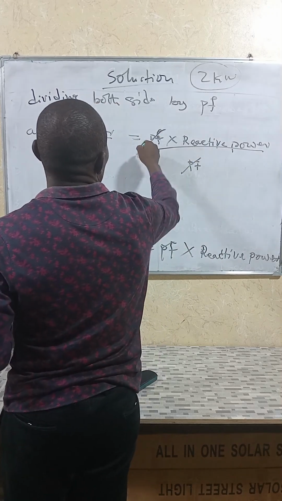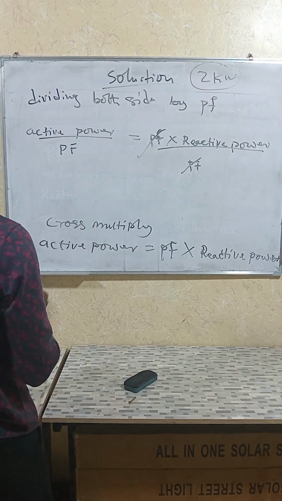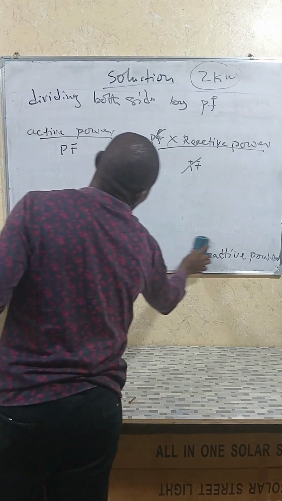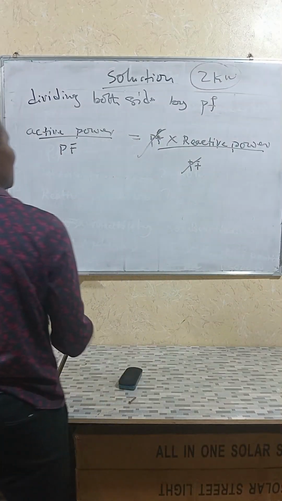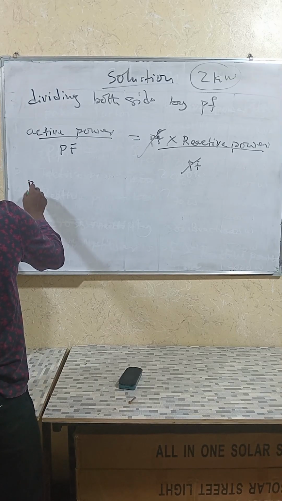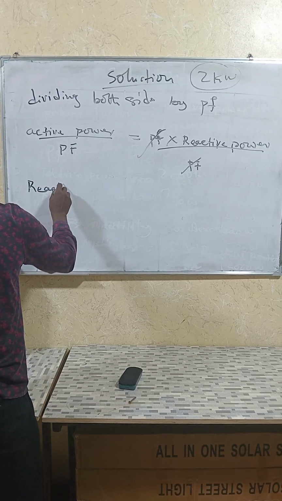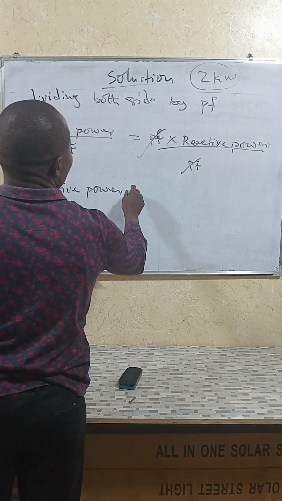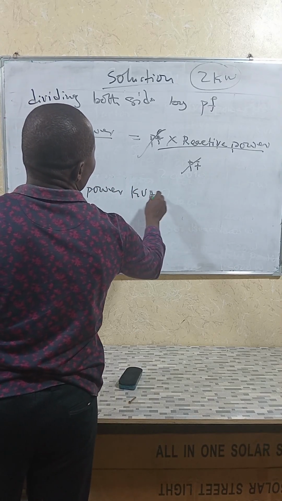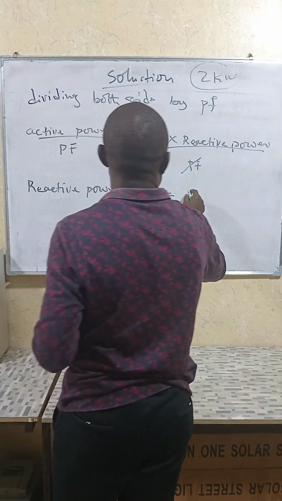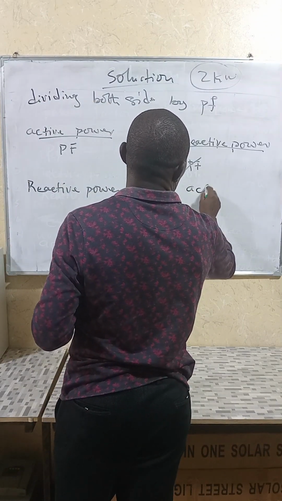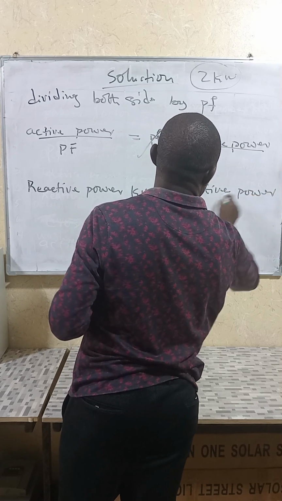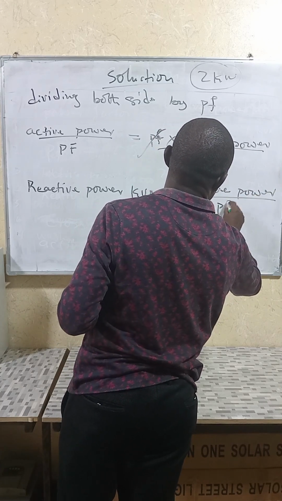So the power factor cancels the power factor on the other side, and the reactive power will be left alone. So the reactive power in kVA is equal to active power over power factor.